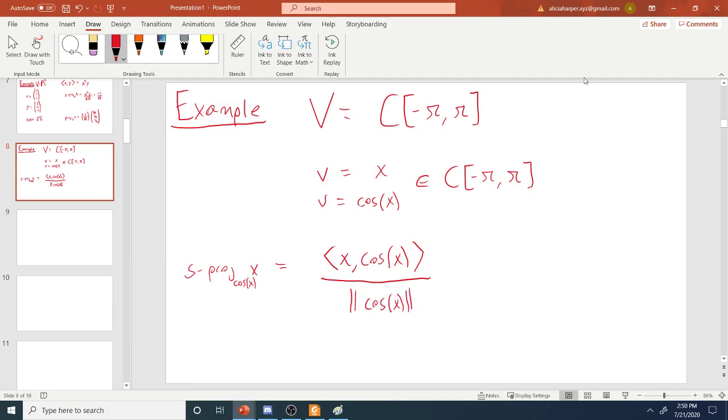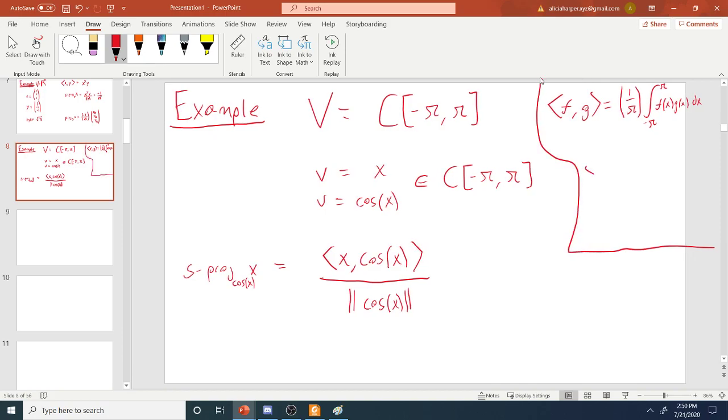Now here's what I know. It's given that my inner product is 1 over pi times the integral from negative pi to pi of f of x, g of x dx. Then I know from the computation I just did that the inner product of cosine of x with cosine of x is just equal to 1.